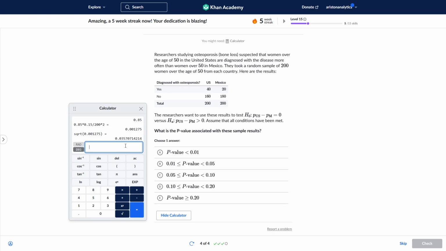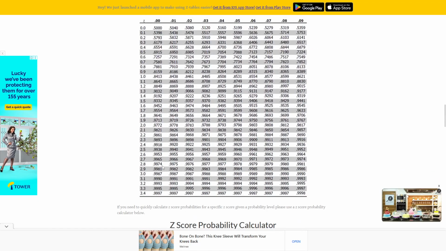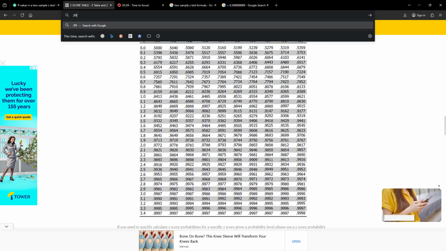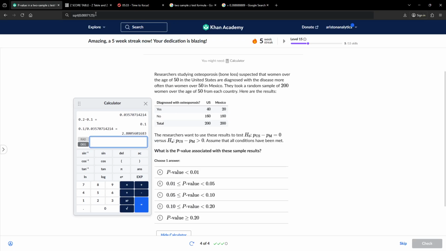So 0.2, p-hat US minus p-hat Mexico. 0.2 minus 0.1, denominator 2.8, greater than 2.8. 0.9974. 1 minus that, 0.0026.